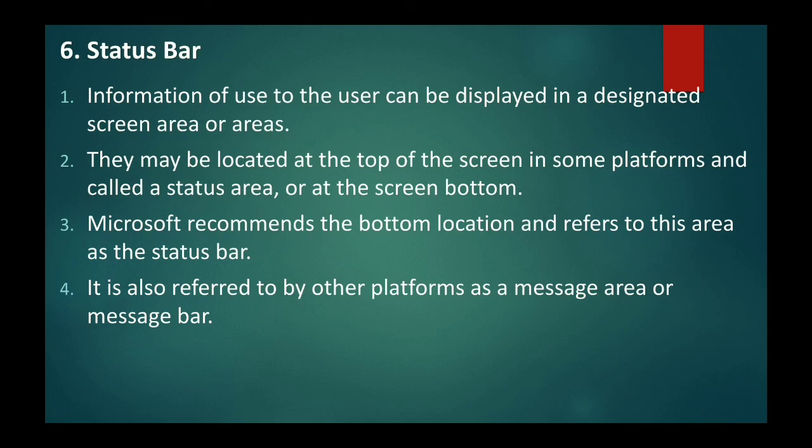It is also referred to by other platforms as a message area or message bar. Basically it is the status of all the actions you have performed on different options and different menus, and it will be displayed in the status bar.